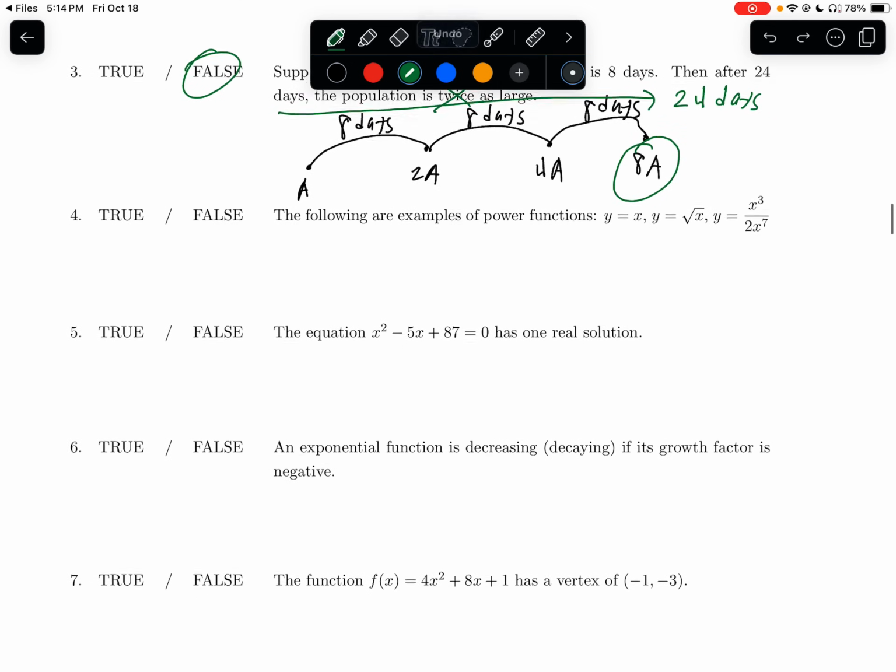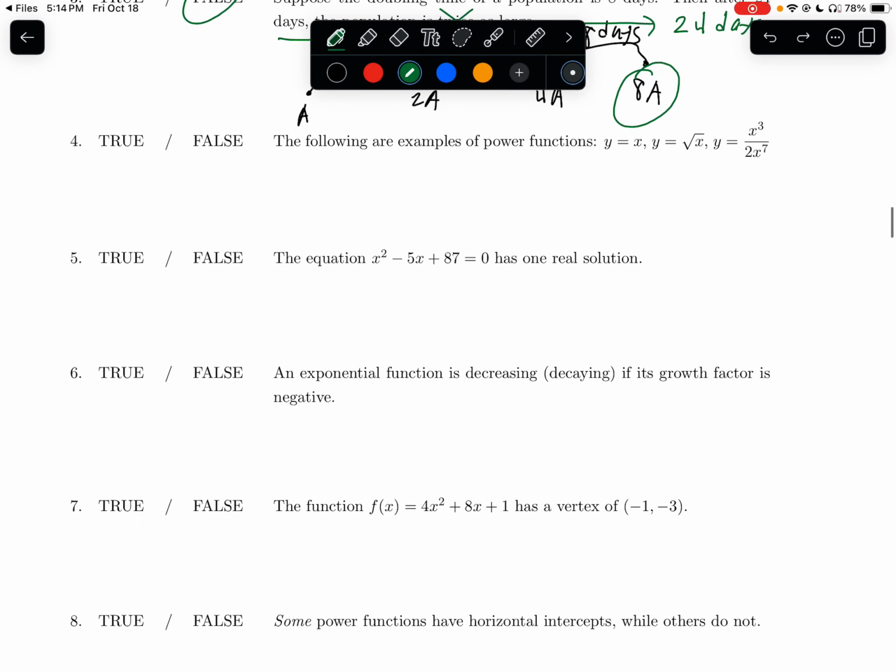The following are examples of power functions, yes or no. We need to convert them into the form where we can recognize them. The first one is fine, it's really 1 times x to the first power, so yes, it's a power function. The second one we can write as, again, coefficient 1, times x, but the power is 1/2 because the square root corresponds to the 1/2 power as a fractional exponent, so that one works as well.